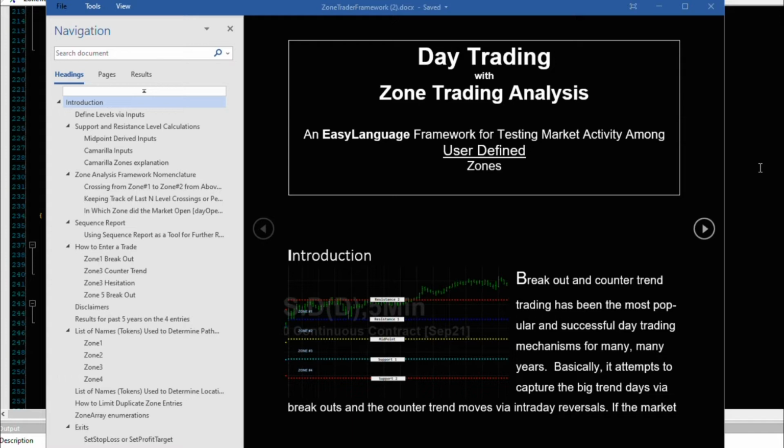I call them tokens, and you can string these tokens together, and once you string the tokens together, you create what I call a phrase, and based off that, TradeStation interprets it and helps you execute a trade where you want that trade to occur after it's gone through different penetrations of different zones and zone levels. So I wanted to show this simple programming. We're going to do a very simple one to highlight the nomenclature.